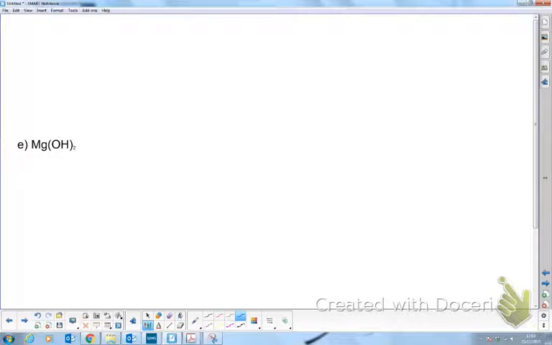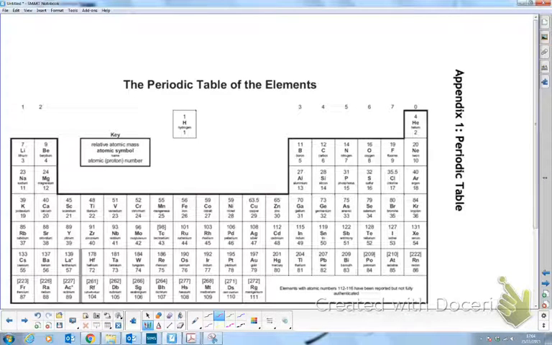Okay, so looking at magnesium hydroxide, Mg(OH)2. What this formula means is that we have 1 magnesium to 2 hydroxides. Hydroxide is OH, so we have 2 O's and 2 H's. That 2 has to multiply by each thing inside the bracket. Looking at our periodic table, magnesium has a mass of 24, hydrogen has a mass of 1, and oxygen has a mass of 16.